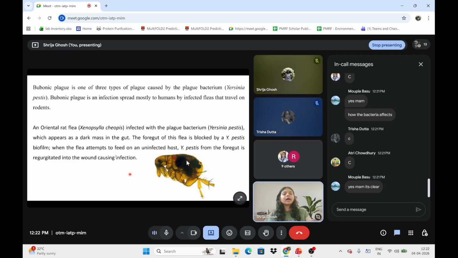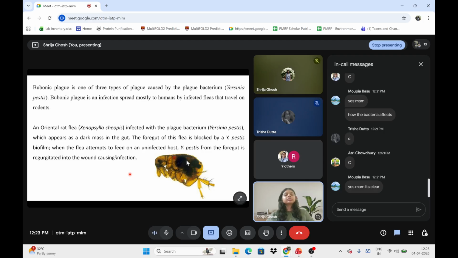Like how a mosquito bites you, you get inflammation and redness there, right? Similarly, when any other insect bites us, we get some kind of inflammation and a bite mark. From that bite mark something can be transmitted, like how the malarial parasite or dengue virus is transmitted through mosquito bites in humans.